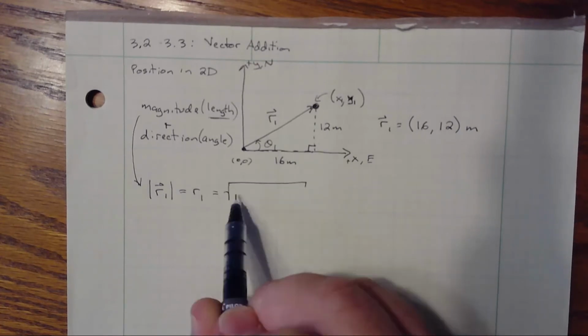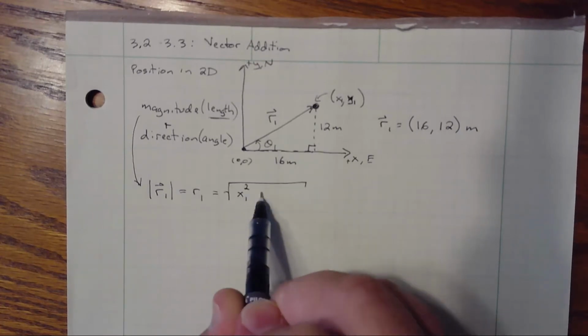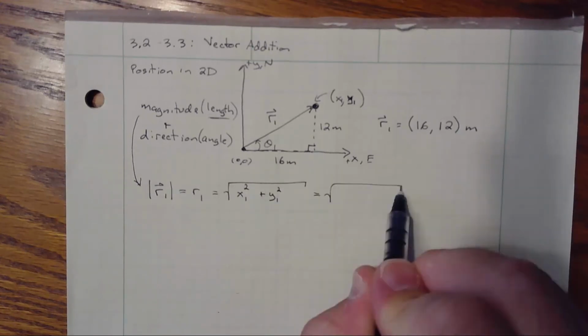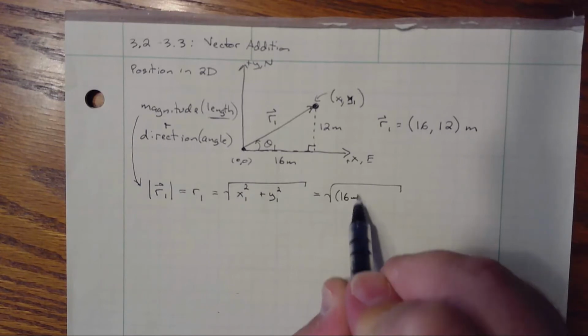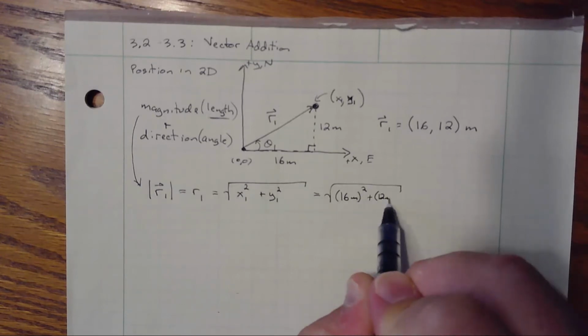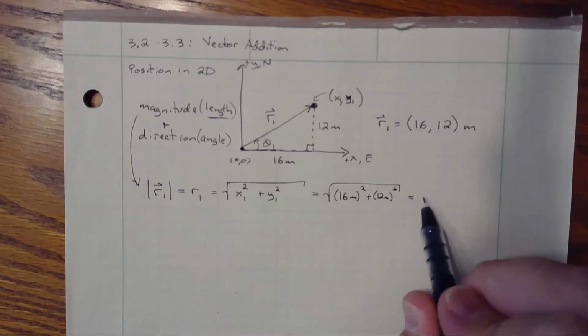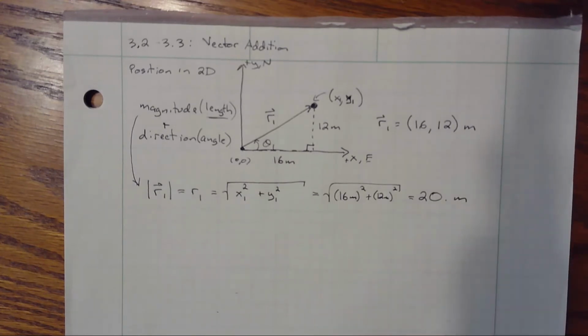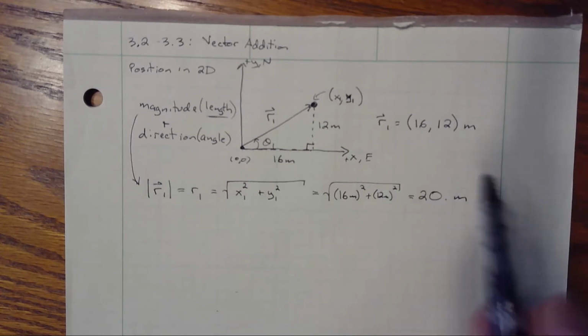So R1 will be the square root of x1 squared plus y1 squared, or the square root of 16 meters squared plus 12 meters squared, which I have cleverly chosen so that that is exactly 20 meters. This is in fact just a scaled up version of a 3, 4, 5 right triangle. So given the two components, I can do this to find the magnitude.